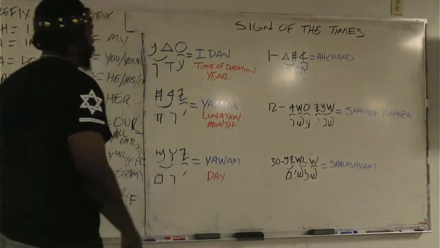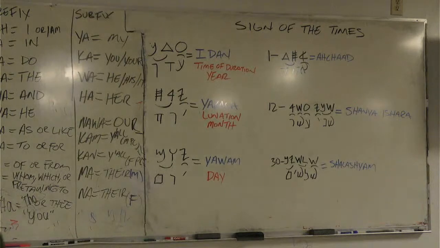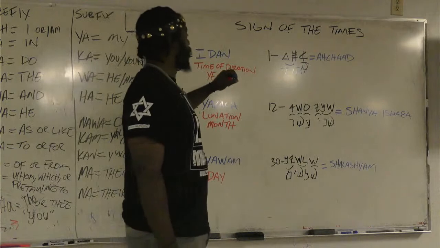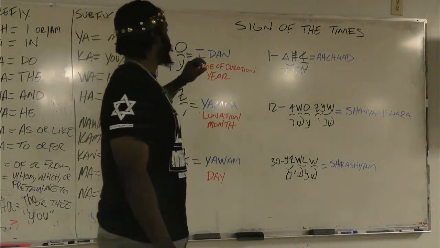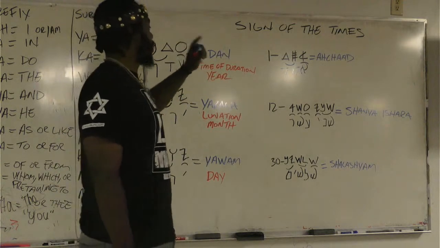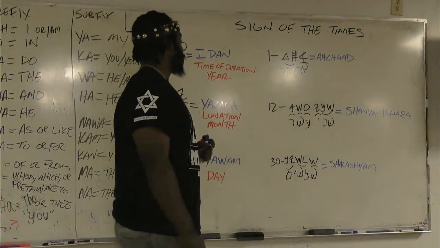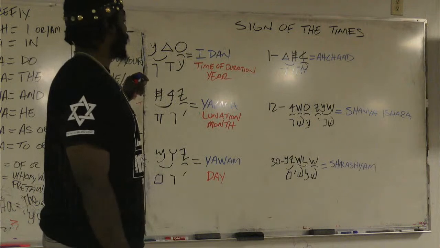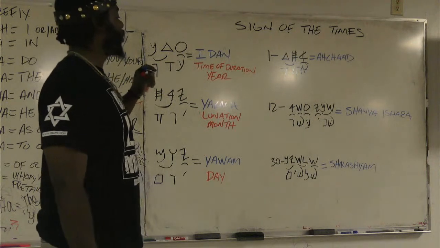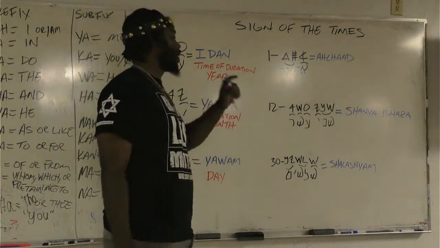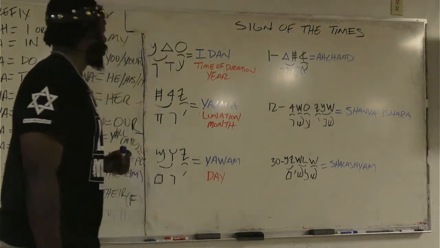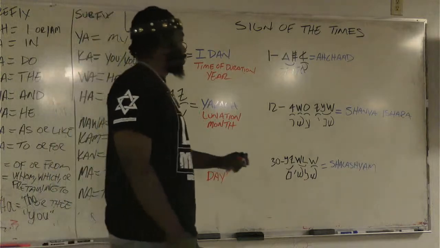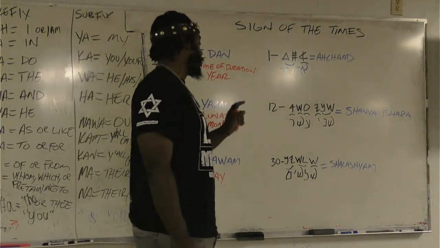Shalashim. So in Idan, there are Yarak Shanya Ashura, and in Yarak there is Yuam Shalashim.